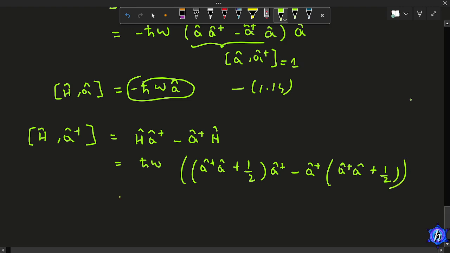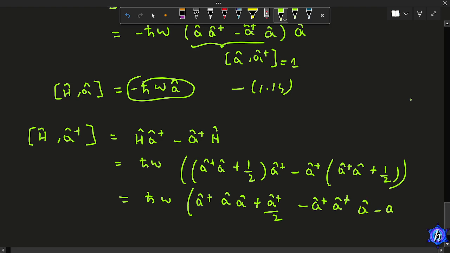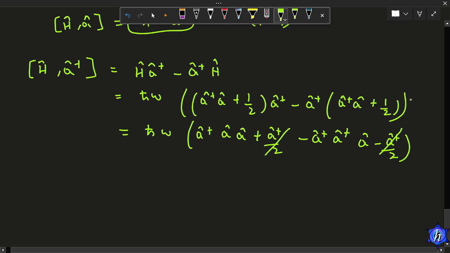If we open this bracket, we will have ħω [A†A + A†/2 − A†A − A†/2]. So this cancels out. Again, the same thing happens.